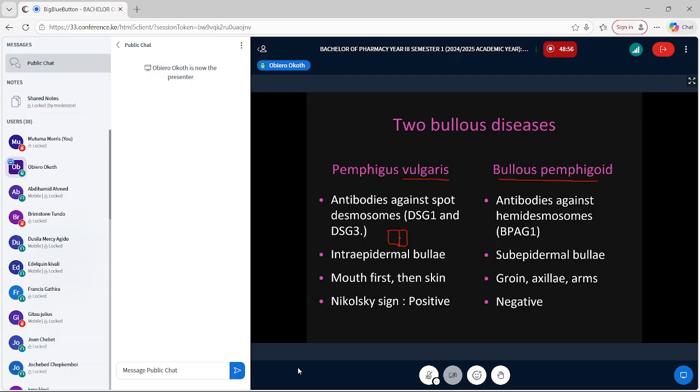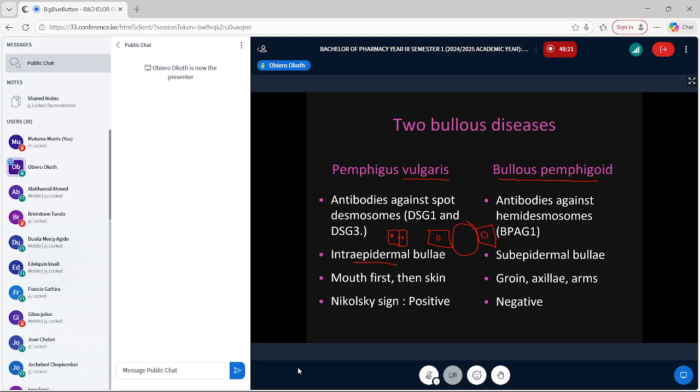Here, they are okay. You can see there's a tight junction there. With these proteins attacked, the keratinocytes split, and you'll end up with fluid around here. That fluid is what's going to cause a bulla.